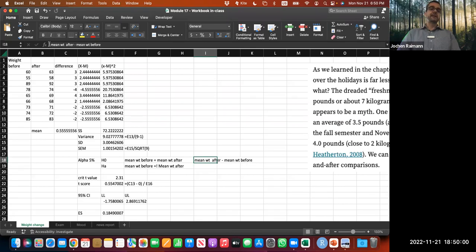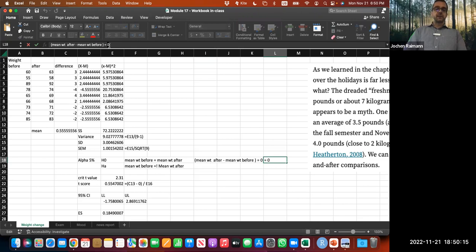So if this is 0, then I look at no change. If I say this equals 0.2 or more, for example, then I have an anticipated change.